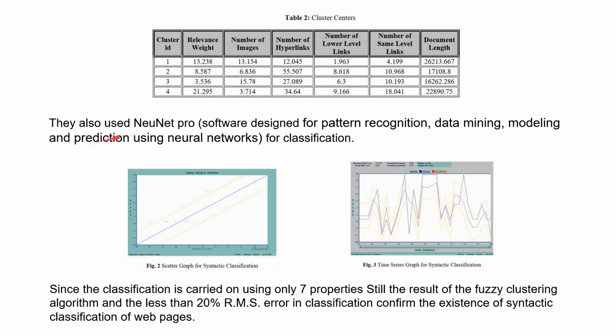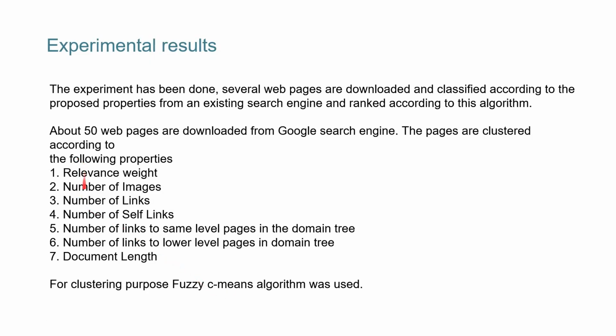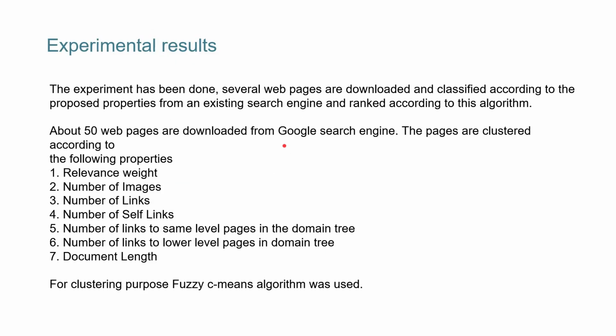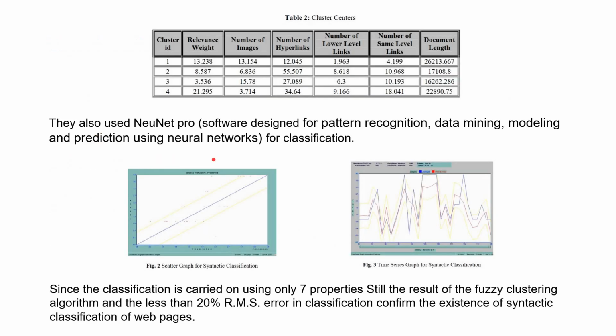Now they also used NeoNet Pro, which is software used for pattern recognition, data mining, modeling and prediction using neural networks for classification. And this is the result they obtained with the simulated software. Since the classification was carried out using only these 7 properties, and the data set was also not very large, they said they used only 50 web pages.